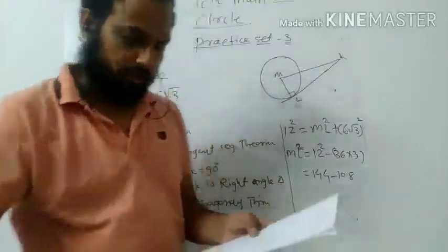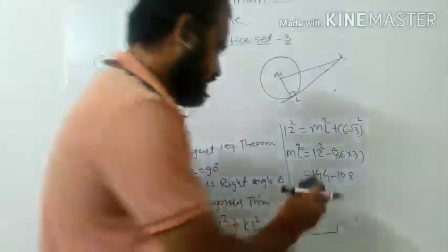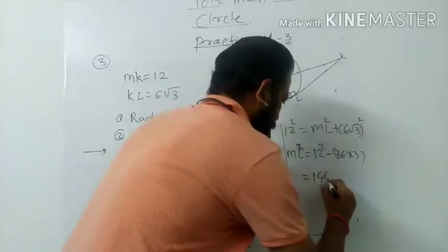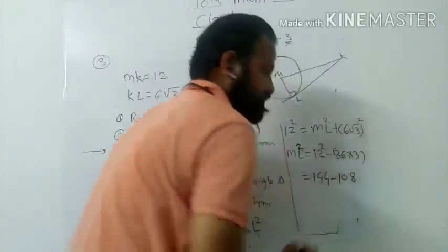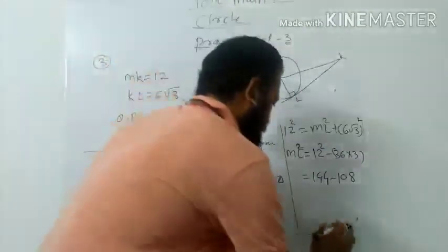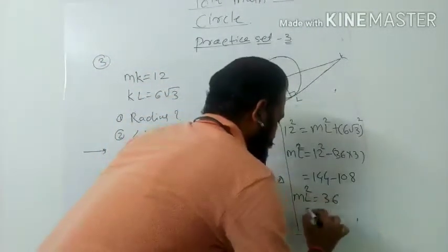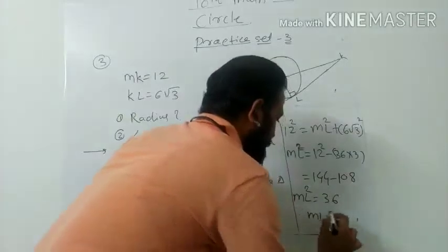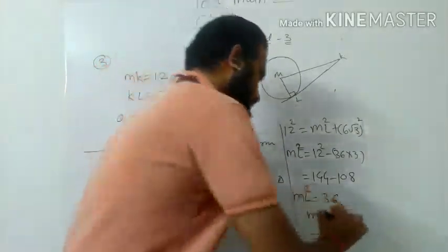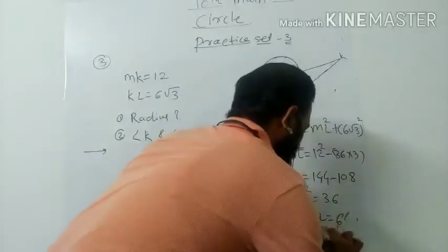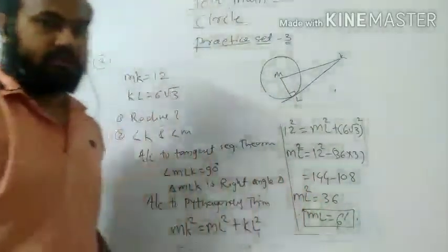Okay, so I can write it somewhat clearer: 144 minus 108. If I subtract it, I will get ML square as 36. So I can write ML directly. Square root of 36 is 6. So 6 units is the radius of this circle, isn't it?